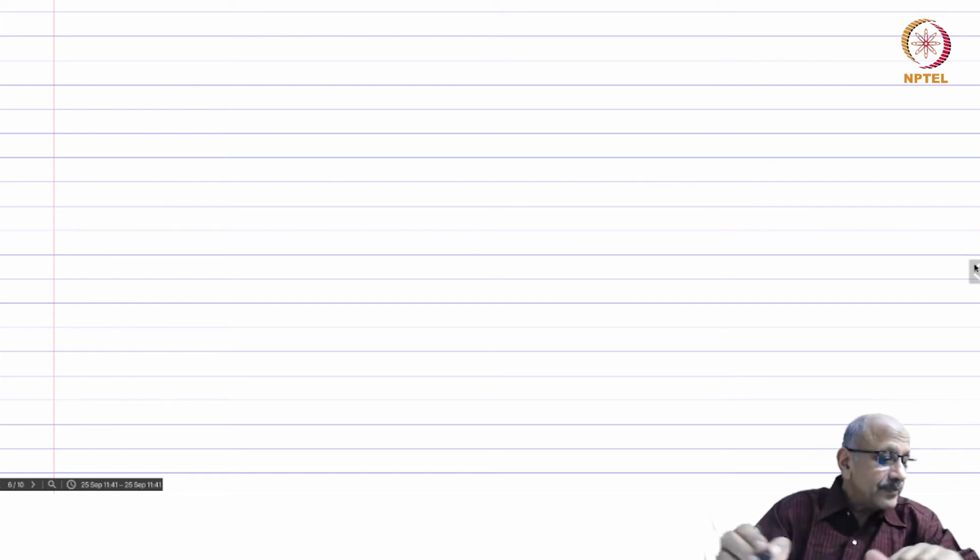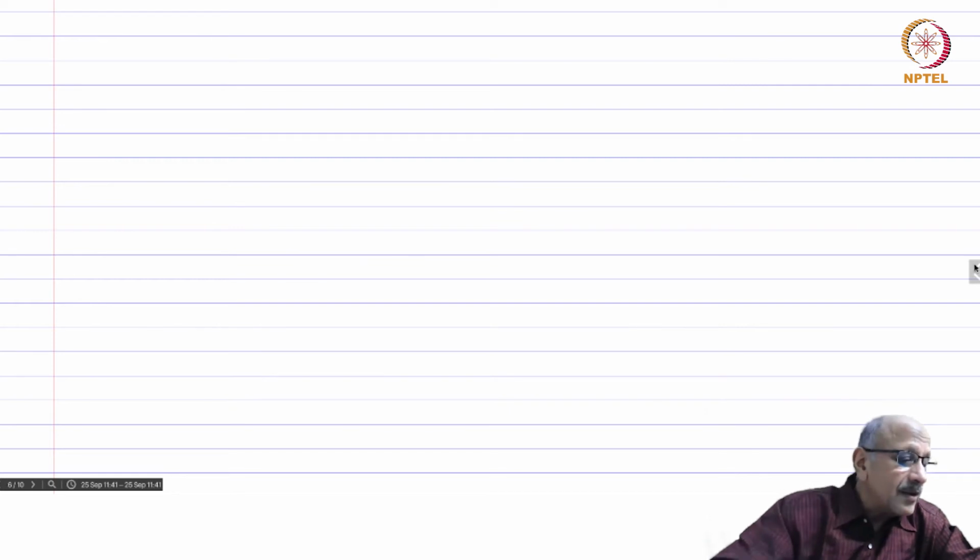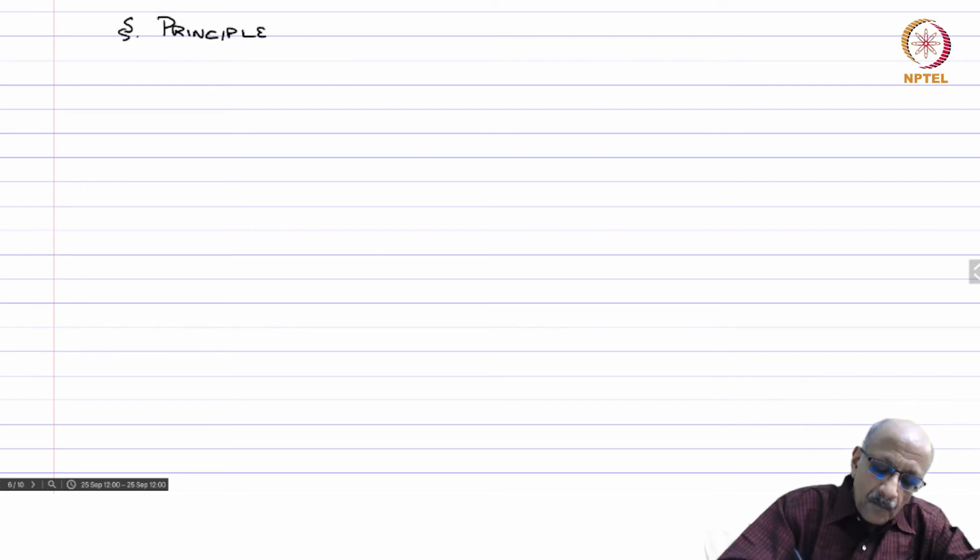Anyway, now we will do some applications in functional analysis. The first application of Baire category theorem is the principle of uniform boundedness.